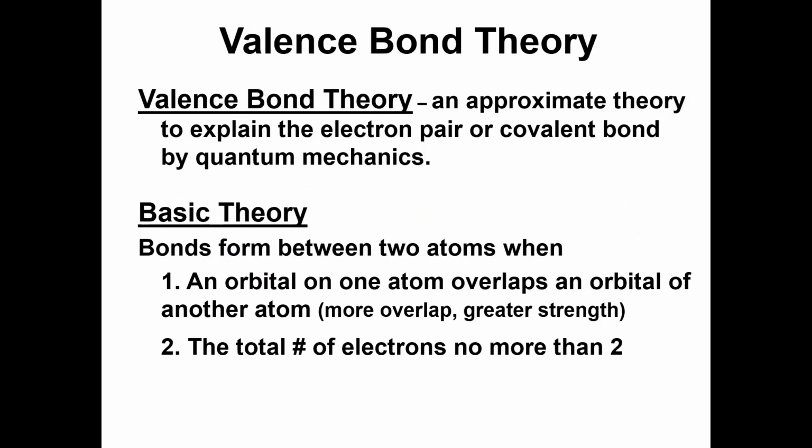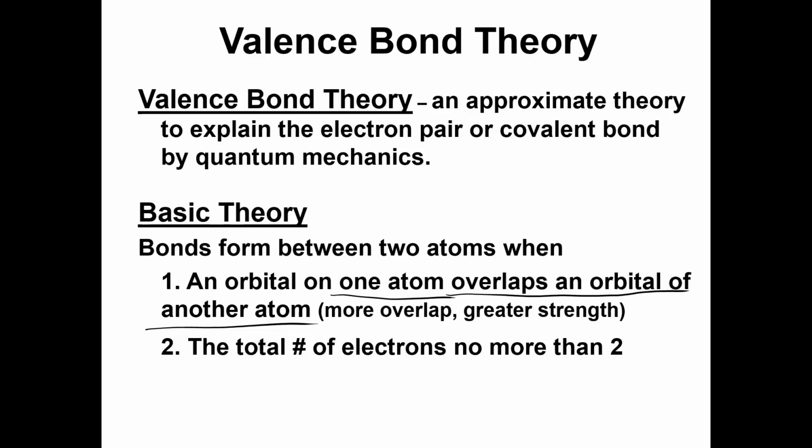So first of all, valence bond theory just explains bonding and bond angles, and all it is is what I explained already. An orbital on one atom overlaps an orbital of another atom, and that leads to lowering of the energy and stability, and so that's energetically favorable, and so we are always dealing with 2 electrons total for the 2 orbitals.